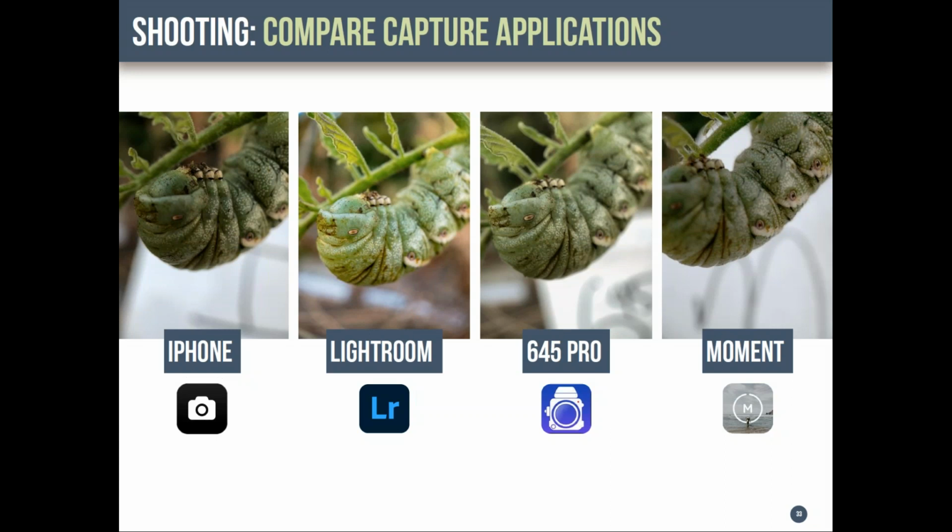I didn't put Lightroom on there because it actually shoots in the app of Lightroom and leaves it on there. For the 645 Pro, I wrote 645 behind it, and for the Moment Lens one, I wrote a giant M. That way later when you're zooming in on your computer, you actually know what the shot was done from. I only say that by experience because I had to do it like 15 times till I realized I couldn't remember which camera app I used to shoot it. Hopefully that makes sense.